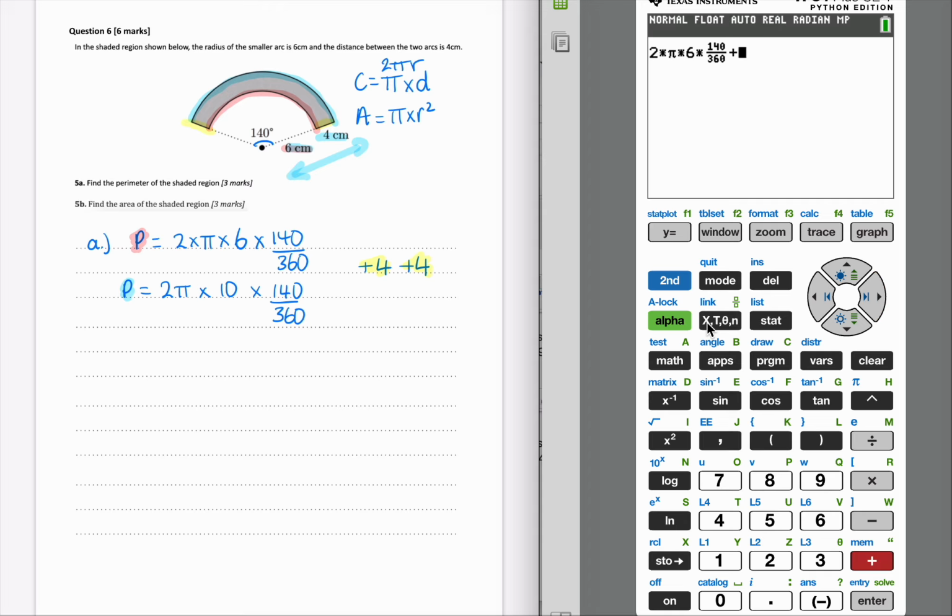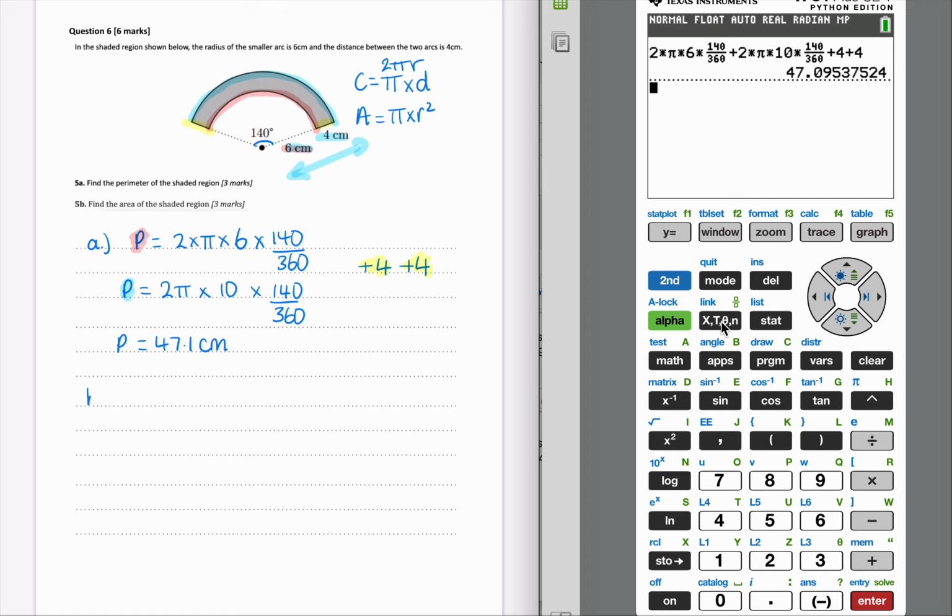And we're going to add to that 2 times pi times 10 times 140 over 360, and we want to add to that 4 and 4. So in total, I get 47.1 to 3 significant figures. So the final answer for the perimeter of the shape is 47.1 centimeters to 3 significant figures.